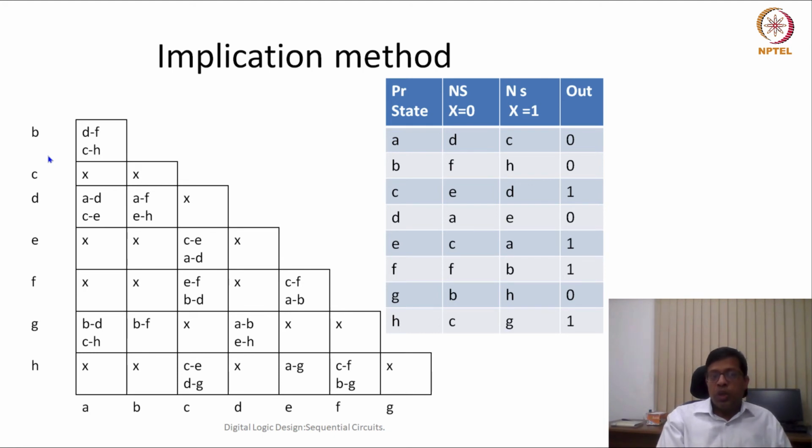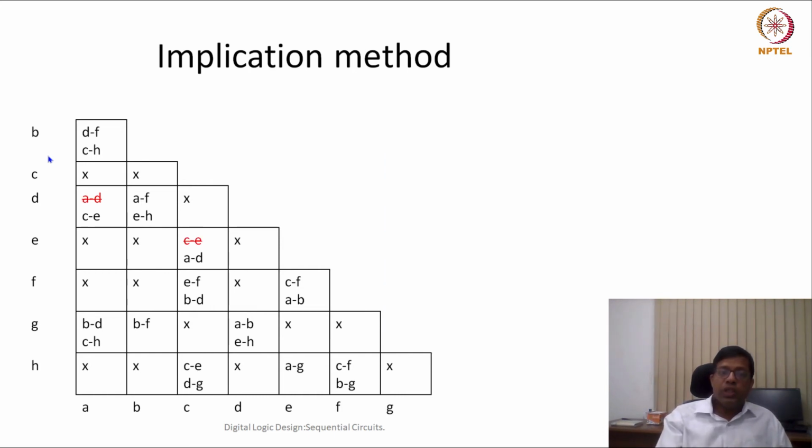Okay, so now let's look at the second possibility. I have removed this table so that we can focus on this matrix, and I have also removed A and D because this particular cell is for comparing A and D, and similarly I removed C and E also.